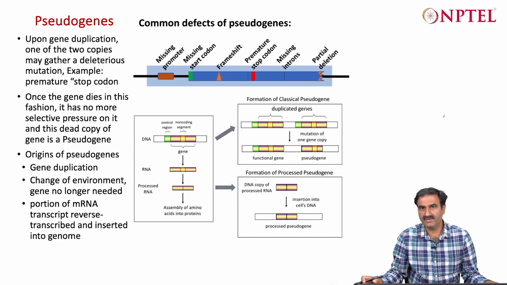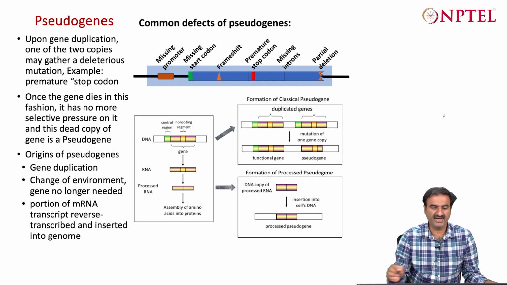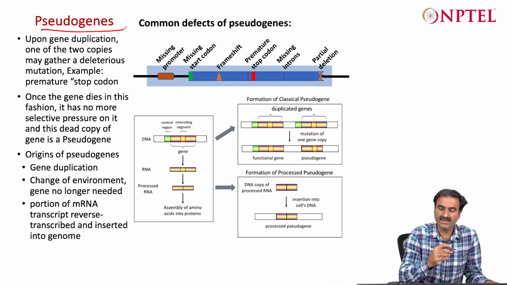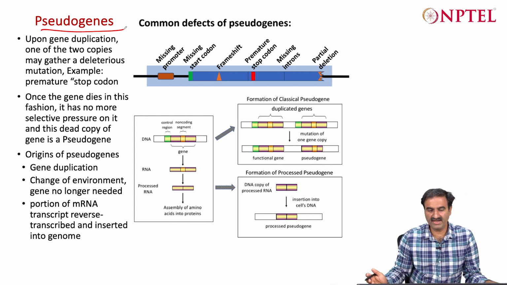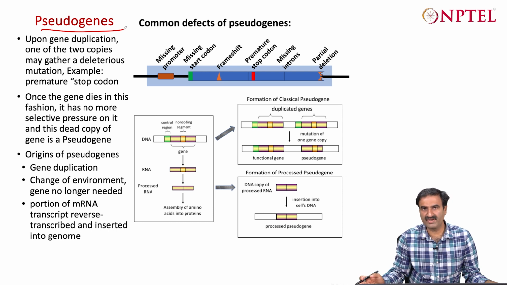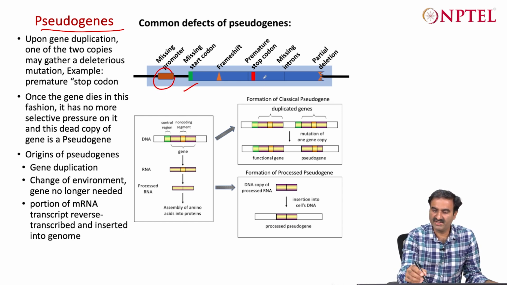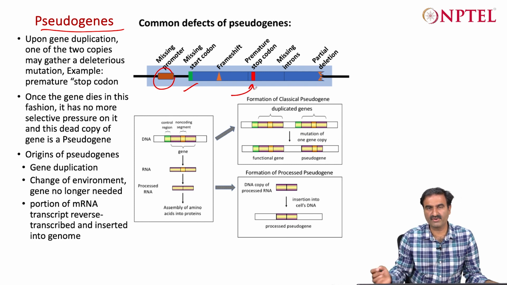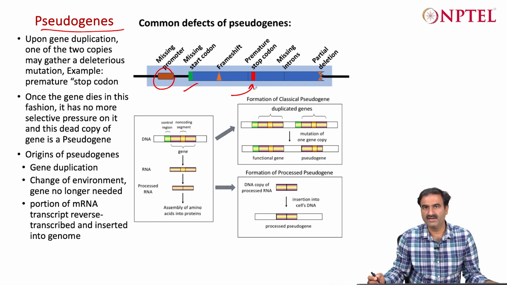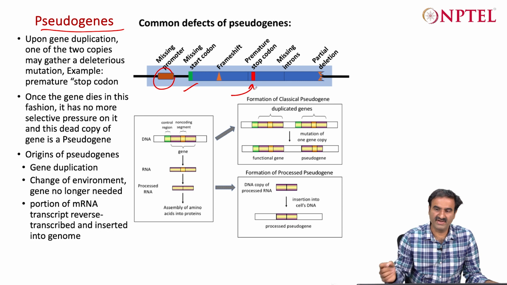Okay, the other term that I want to introduce is a pseudogene. We have seen that a gene is there, but it is possible that a gene can get disrupted or lose its function. How? The promoter sequence may get a mutation, or the start codon may get a mutation, or, as we talked about, retrotransposons may come and get inserted in between.